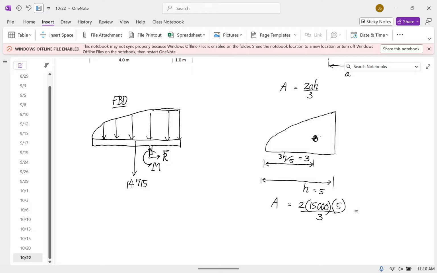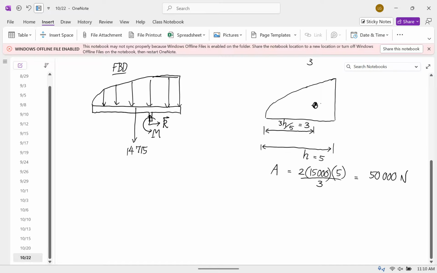So that is 50,000 newtons. And so now I'm going to draw a new free body diagram. You don't have to draw multiple free body diagrams once you feel comfortable with this. That's fine with me. I'm just going to do it at least for now while you're getting used to this process.